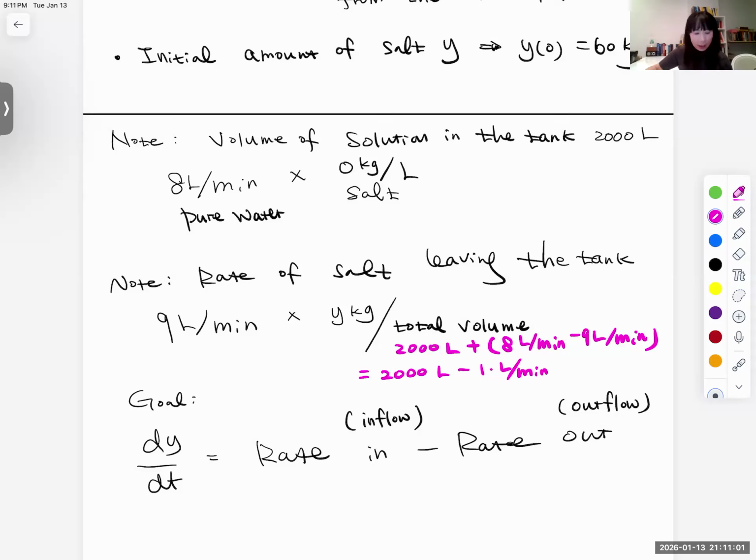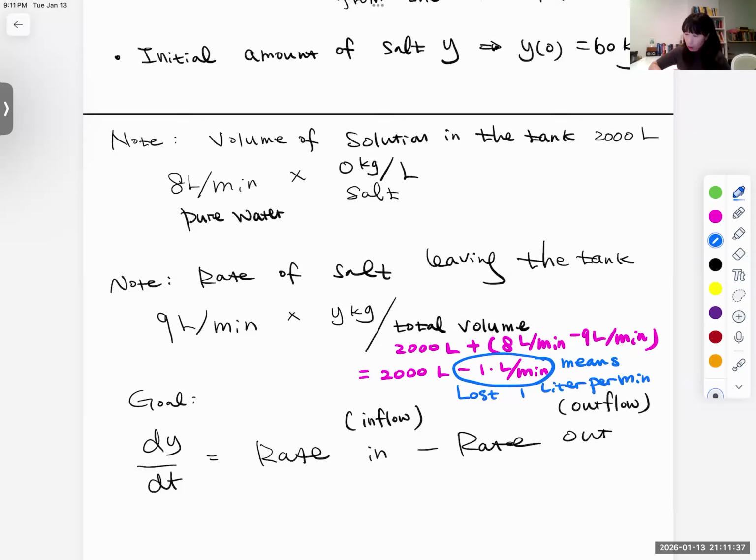Negative 1 liter per minute means they are losing 1 liter per minute. Make sense to you? Let me write this down: lost 1 liter per minute.